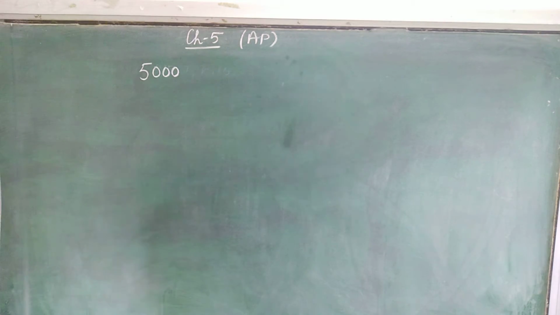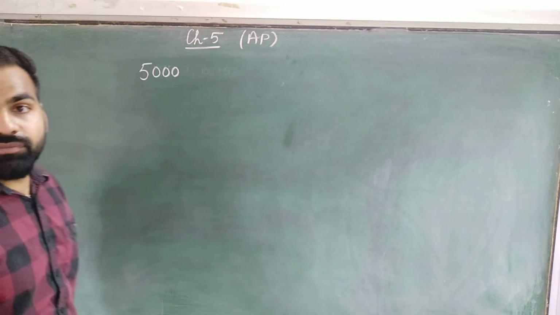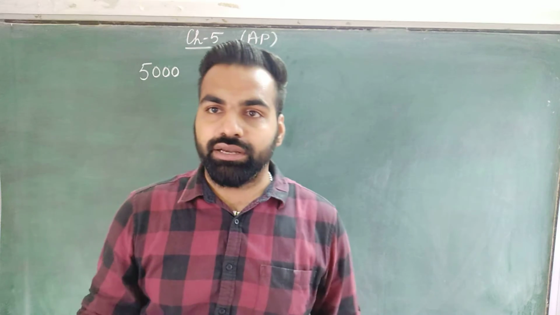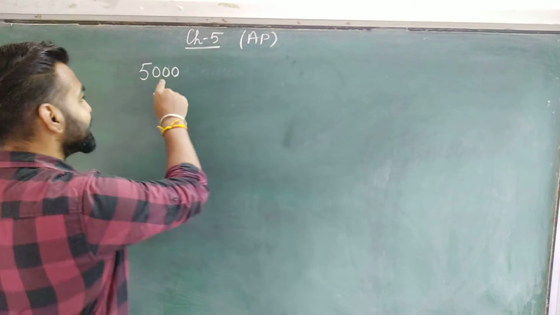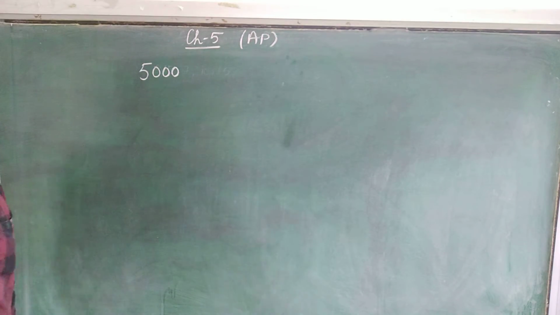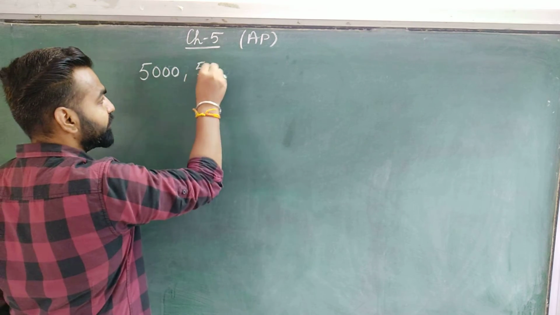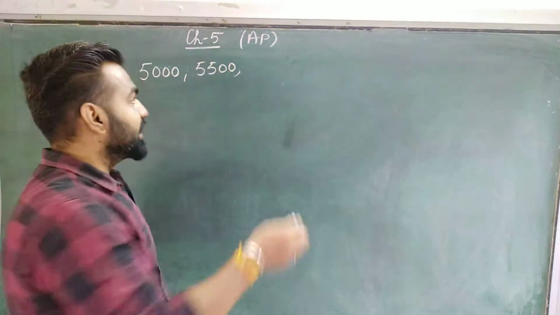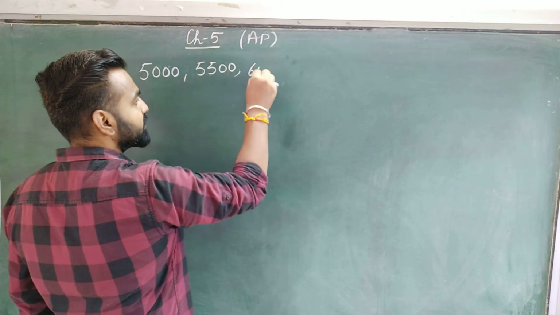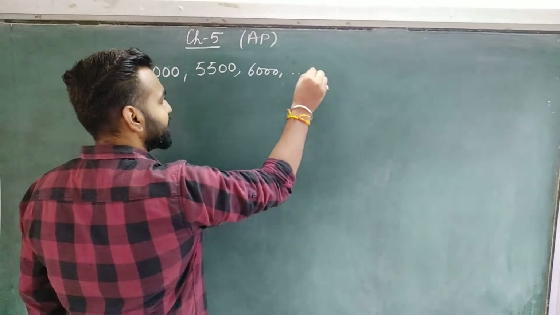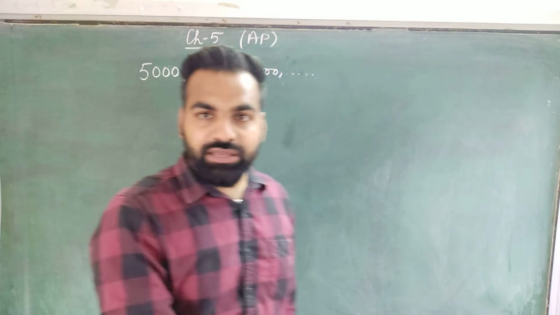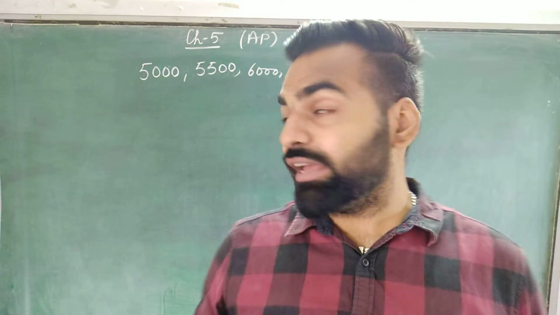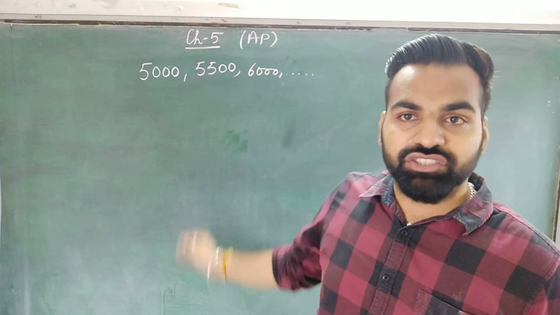Whatever his previous salary, the next salary will be 500 more than that. So if he starts at 5,000, next year the salary will be 5,500. In the same way, the salary in the third year will be 6,000, and in this way the salary will be increased by rupees 500 each year.